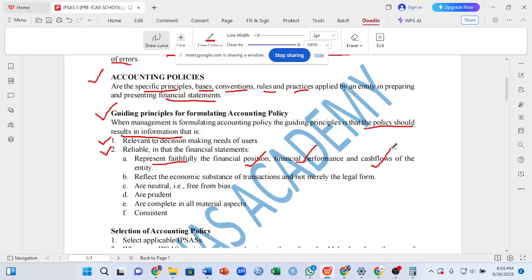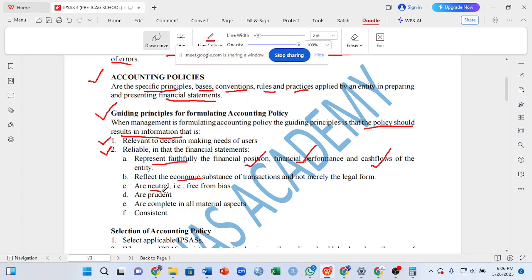The second one relates to the economic substance of it. That's what we normally refer to in accounting as substance over form. So we look at the economic substance of the transaction and not its legal representation. That's substance over form.